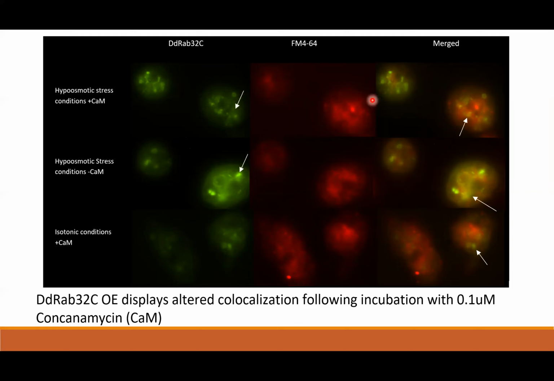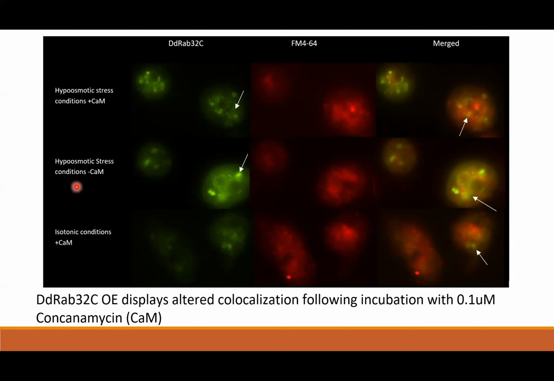If you compare it to the contractile vacuole network using the styryl dye, you can see that there really aren't clear areas of co-localization. Okay, the areas where it's very bright red are distinct from the green. There are a few small parts that could be possible co-localization as depicted by the arrow.